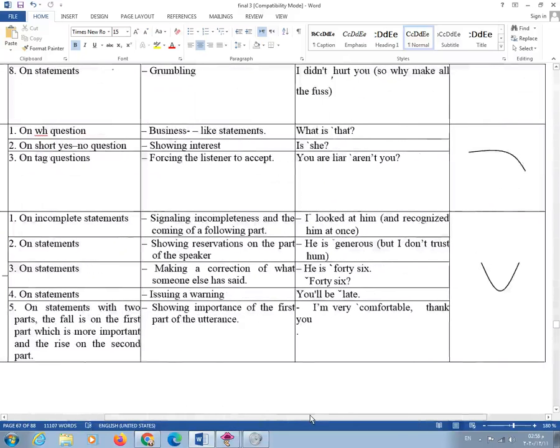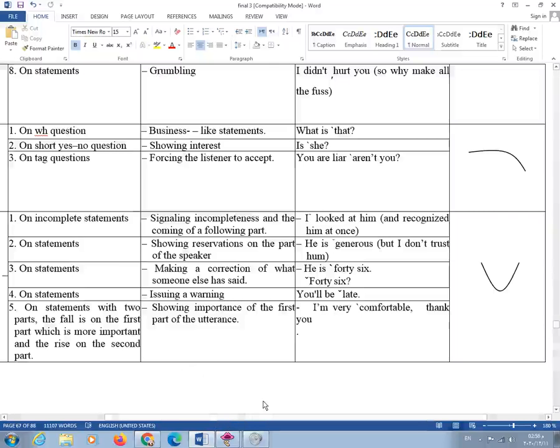And as I told you before, we only mentioned four basic tones: falling, rising, rising-falling, and falling-rising, etc. But the number of tones is much greater than that. So in daily conversations and interactions, native speakers use many tones.